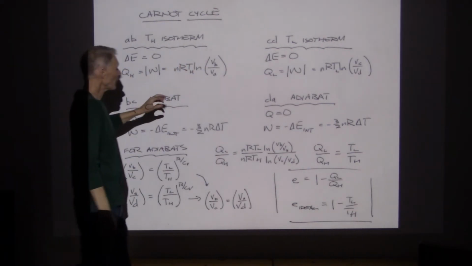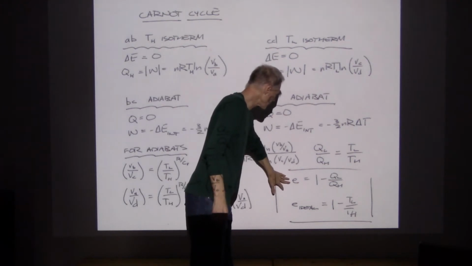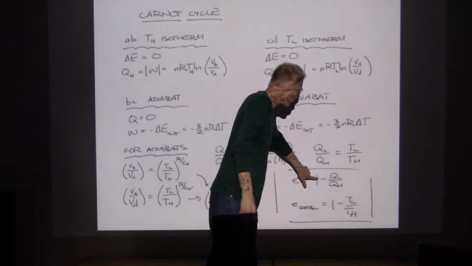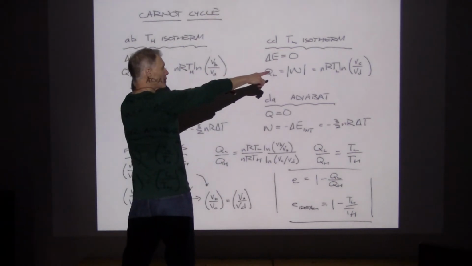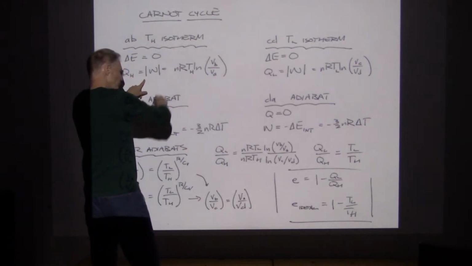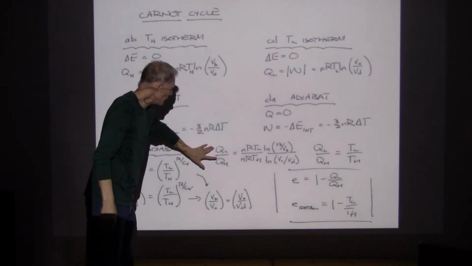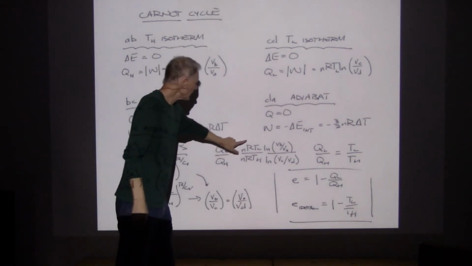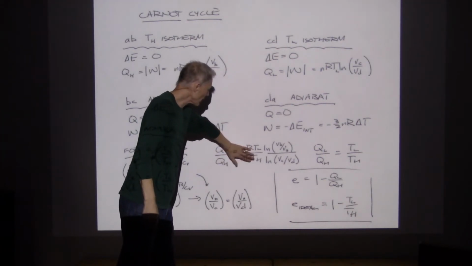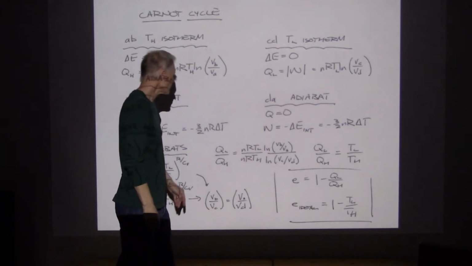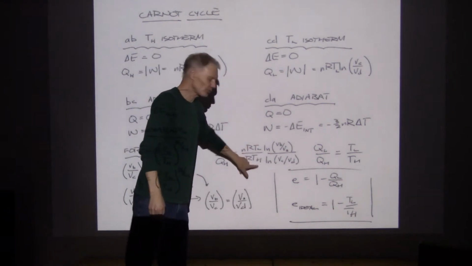Now, if I get back to the efficiency formulas, the efficiency is 1 minus QL over QH. And there's my expression for QL, and here's my expression for QH. So QL over QH is this ratio of quantities, and the n's and the R's cancel, and I'm left with TL over TH.